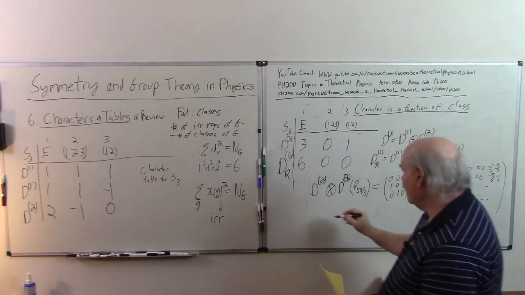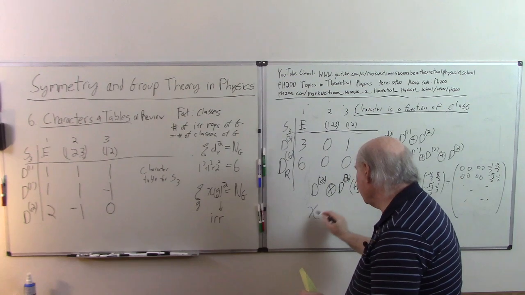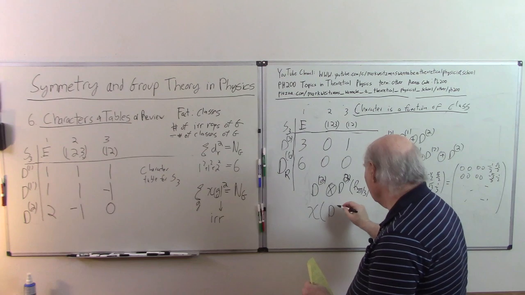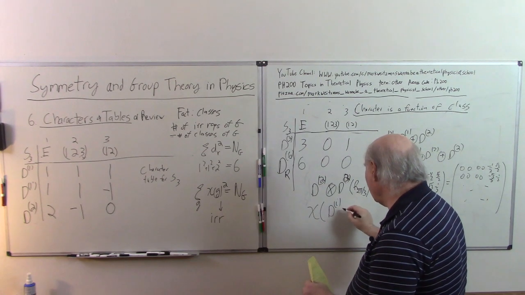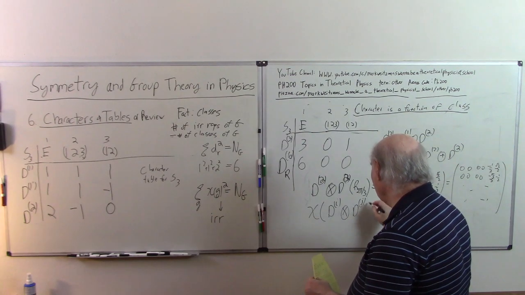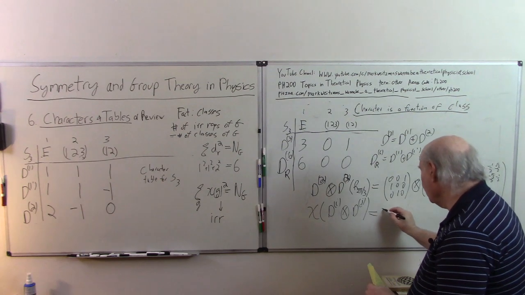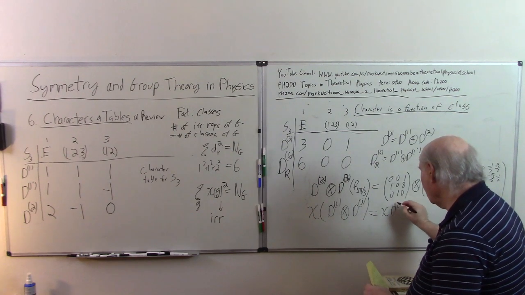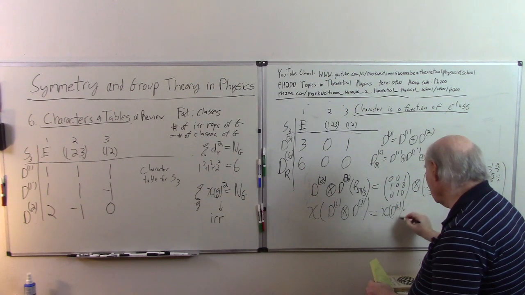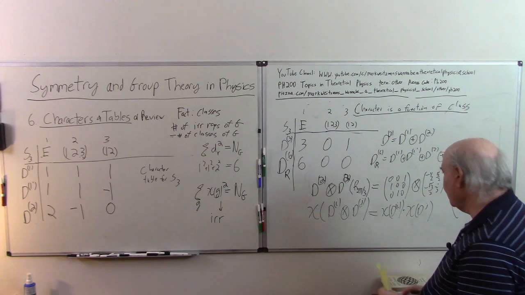And the last thing that I'll finish in this lecture is the character for the direct product of, let's say, a representation I with representation J. Once you go back to the definitions of direct product, this is just the character of D_I times the character of D_J. You just multiply the characters.